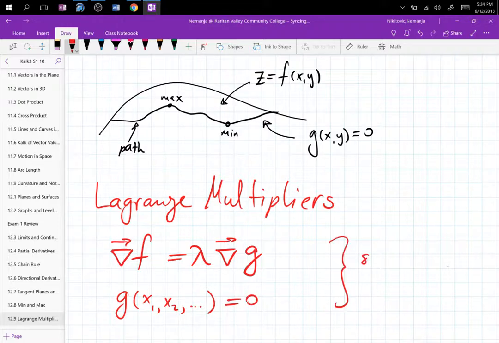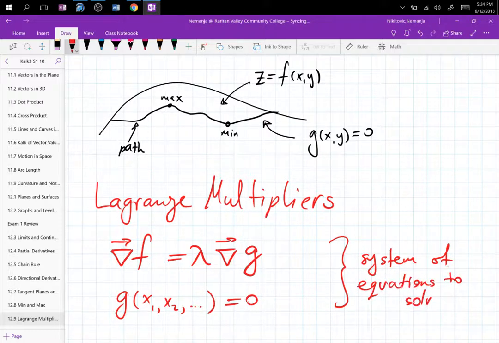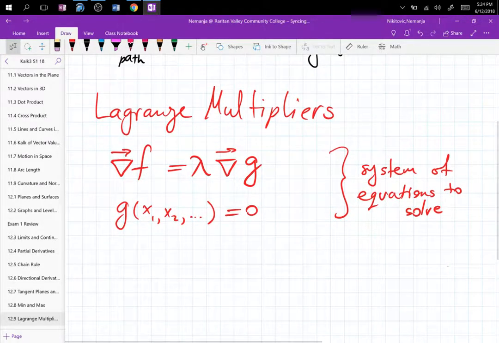This is going to be a system of equations to solve, and that will give you the points that are the min and the max. So this is your method of Lagrange multipliers.